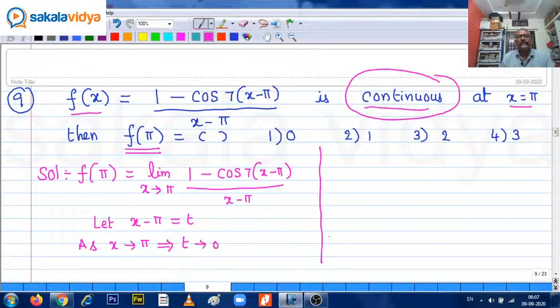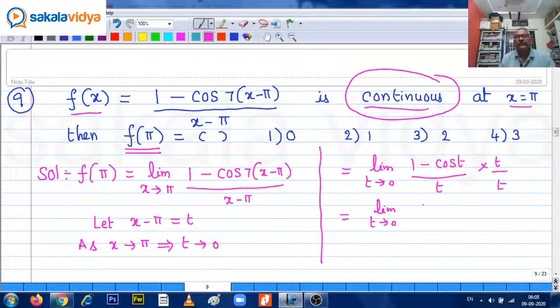So this can be written like this. Limit t tends to 0, 1 minus cos t upon t. Actually multiply with t and divide by t. So limit t tends to 0, 1 minus cos t upon t square times t.